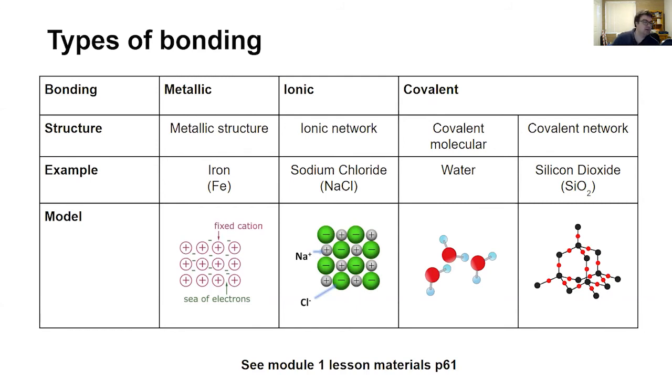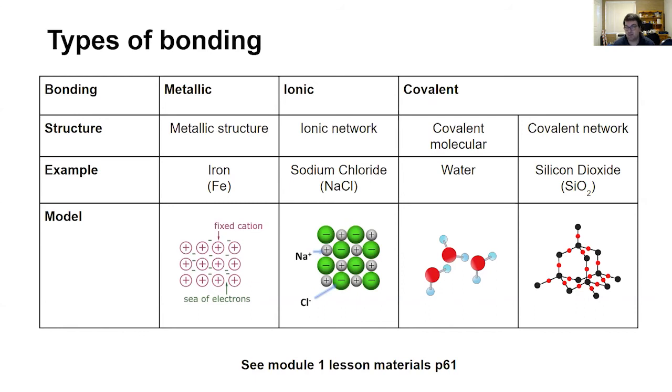Okay, now for covalent bonding, we have two different types of covalent bonds that exist in materials. There's what's known as covalent molecular materials, and these are what are called discrete particles. So if you think of water, you've got H2O. Each particle of water has just 2 hydrogens and 1 oxygen. By discrete, we mean a single whole number of atoms within a particle.